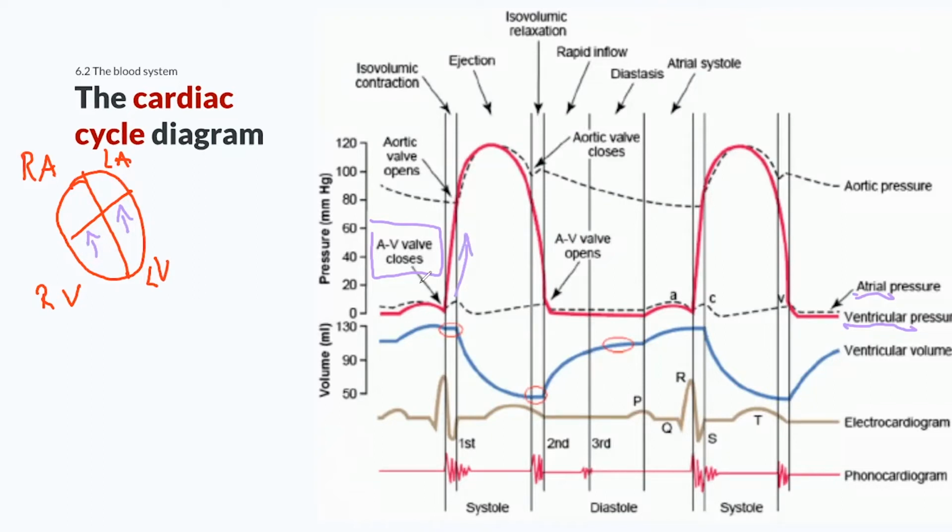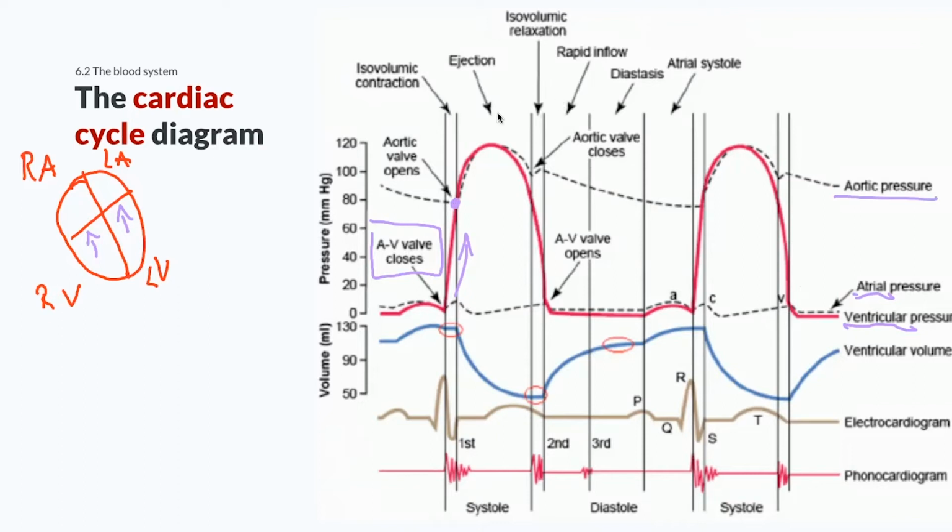It was right here, close to 0, and now it is super high. And it gets to this moment where the pressure inside the ventricle is greater than this other dotted line, the aortic pressure, the pressure inside the aorta.